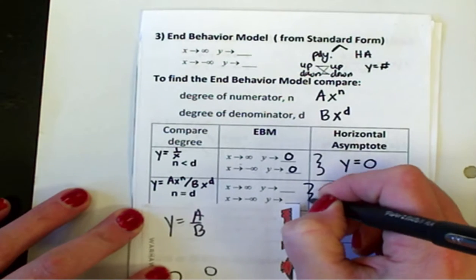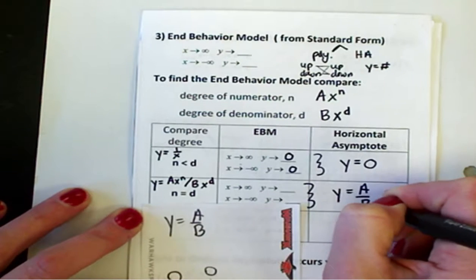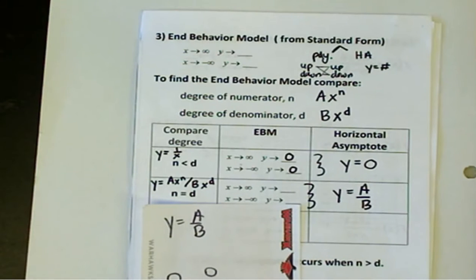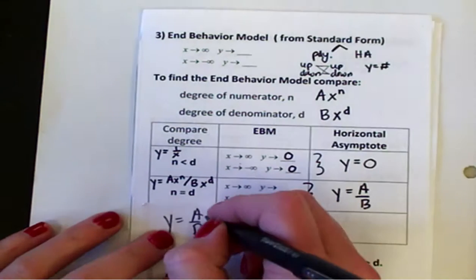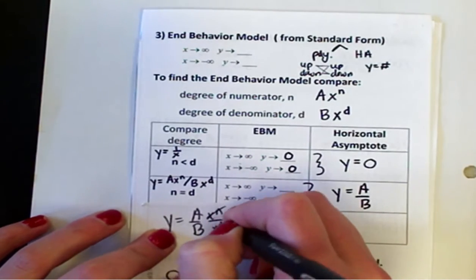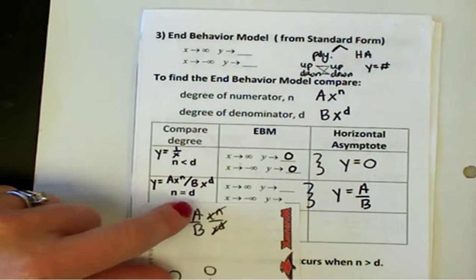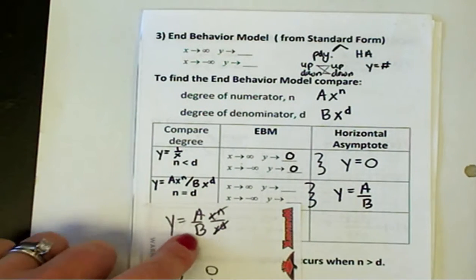The horizontal asymptote is just the coefficients, right? That's the rule. Why? Because when you do end behavior, you only look at the leading term. In the leading term, these two pieces cancel out because the degrees are the same. All you're left with is a over b.